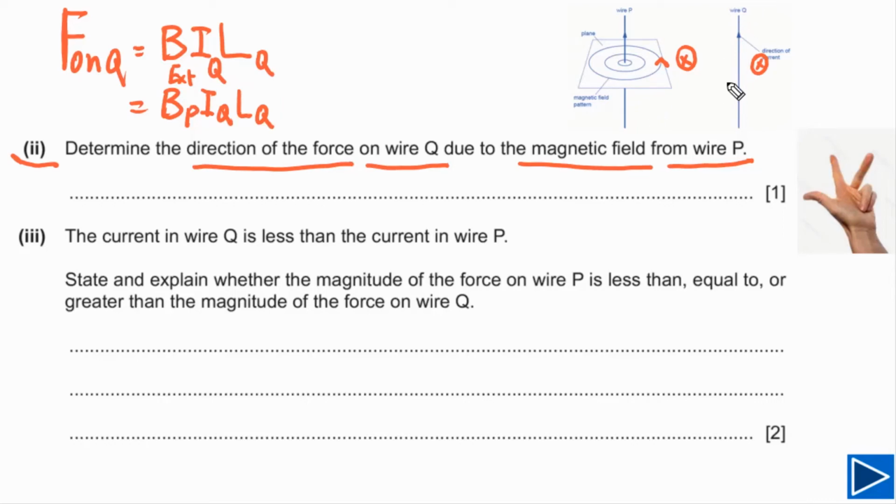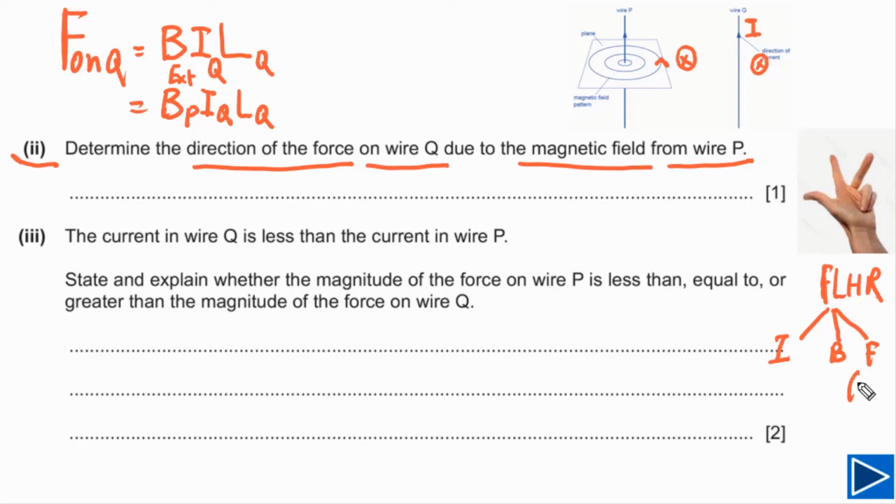Now in this wire, current is flowing up. We need to find out direction of force. So we have to use Fleming left-hand rule, FLHR. Fleming left-hand rule is used for current, magnetic field, and force. If two of them are given, third one we can find.